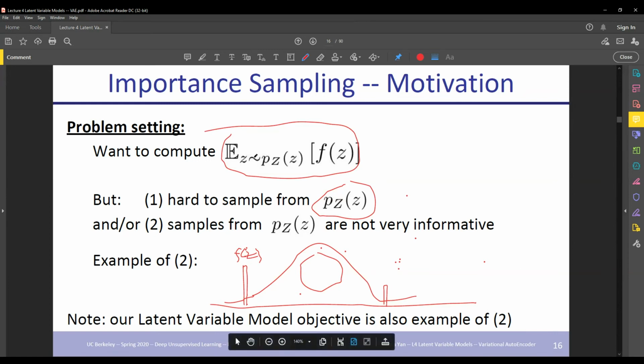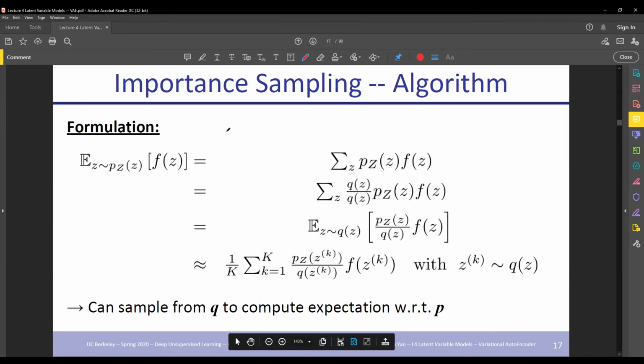So we are still in the process of giving you the overall context, still defining the objective that we want to train for. And in the process of defining that objective, we are now trying to get an estimate for this expectation. We're trying to do that by using this technique called importance sampling. So what is importance sampling? What does importance sampling do?